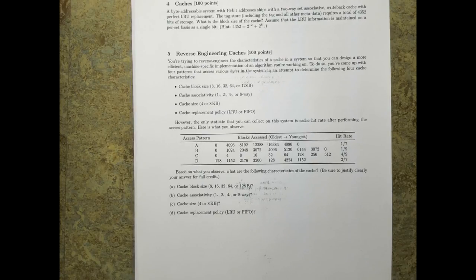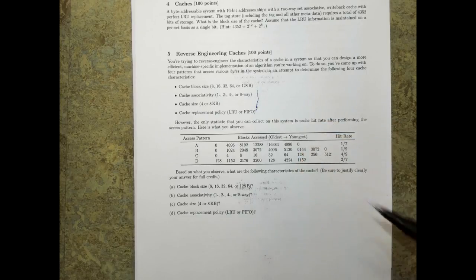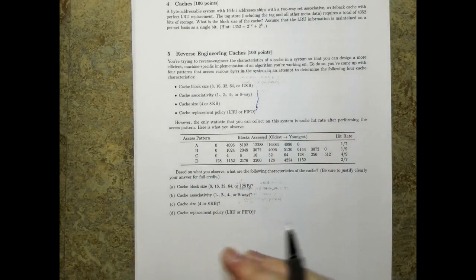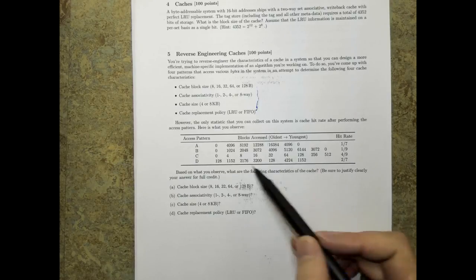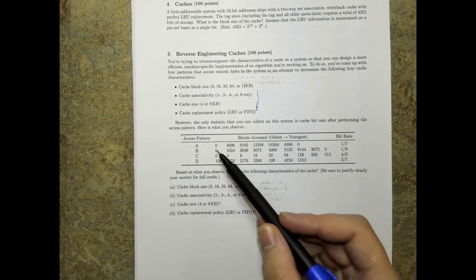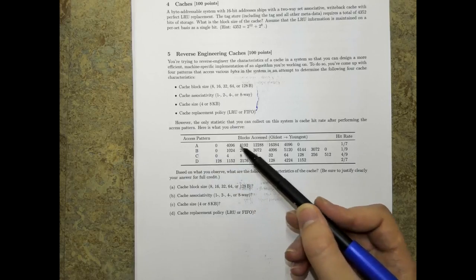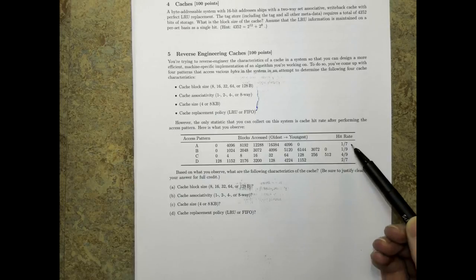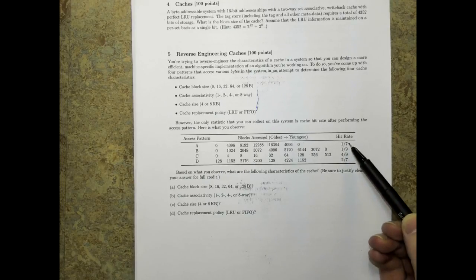In this question, we have many choices for different properties of the cache, and the question asks us to find which cache is implemented, and we need to find it based on the traces we have. In this table, it shows access pattern A, and blocks at those addresses are being accessed, and as a result of these accesses, the hit rate is this here.